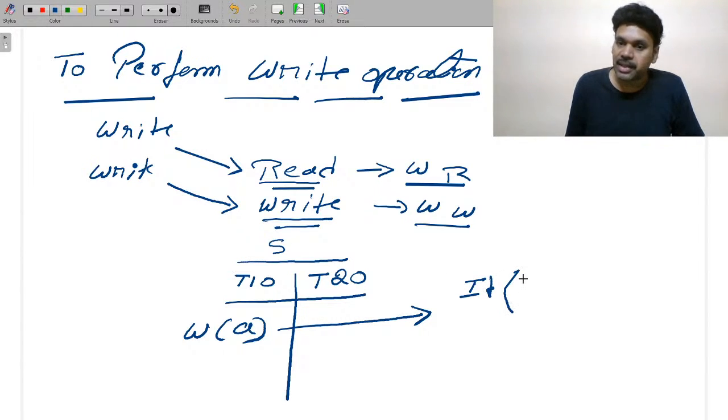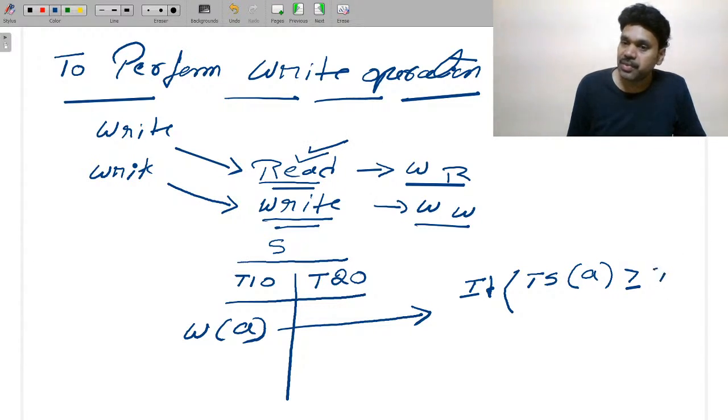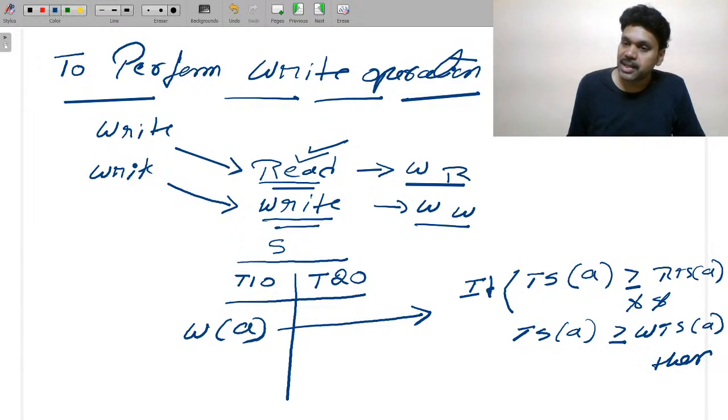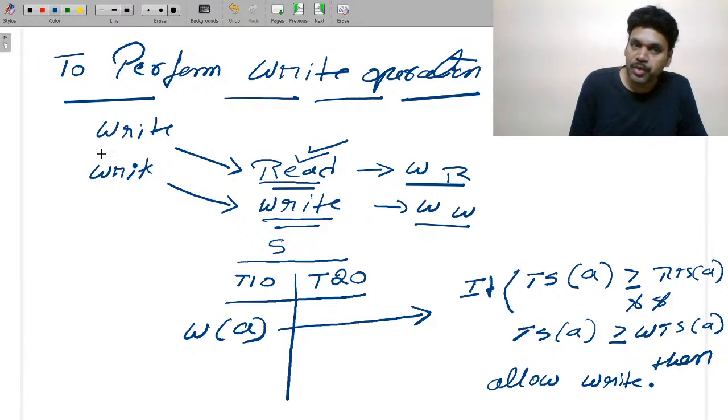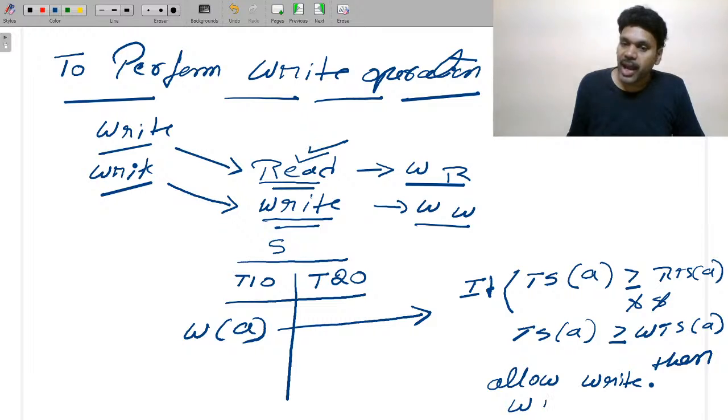So to perform a write action on object A, you see a condition here. What is that? If the requested timestamp number on A is greater than or equal to, observe friends, you need to check with RTS of A, as well as one more condition: if the requested timestamp on A is also greater than or equal to WTS of A. If it is satisfied, then we say allow the write. As you perform the write operation, the write timestamp will be updated with your requested timestamp number.